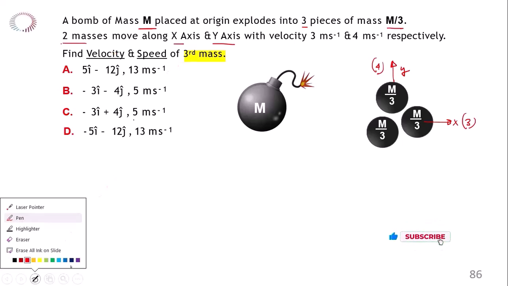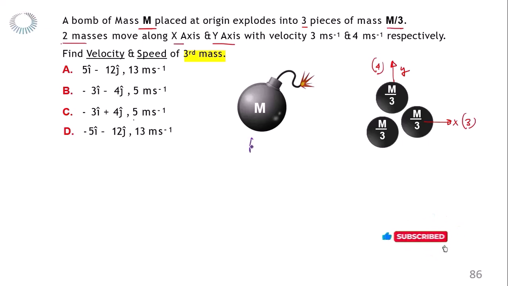Initially the bomb is at rest, so the initial momentum is 0. Whenever the explosion takes place, the total internal force becomes 0, so I can take the momentum to be conserved. Let us say the M by 3 mass is moving with a velocity v vector. Initial momentum is 0, so final momentum is also 0.